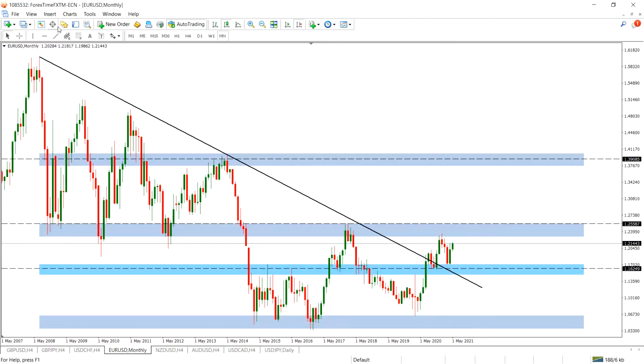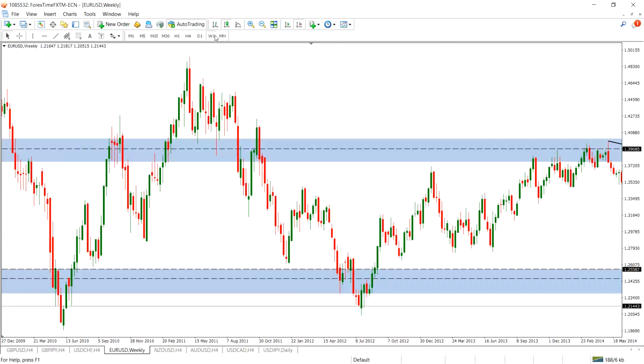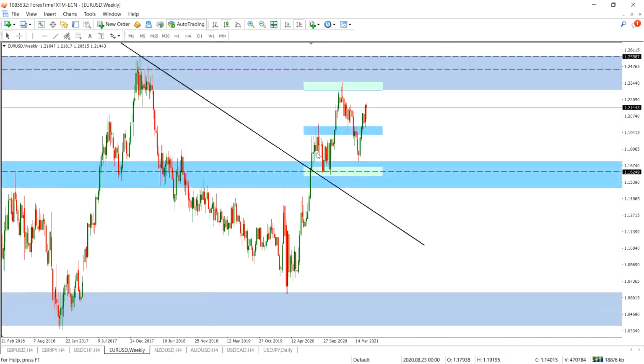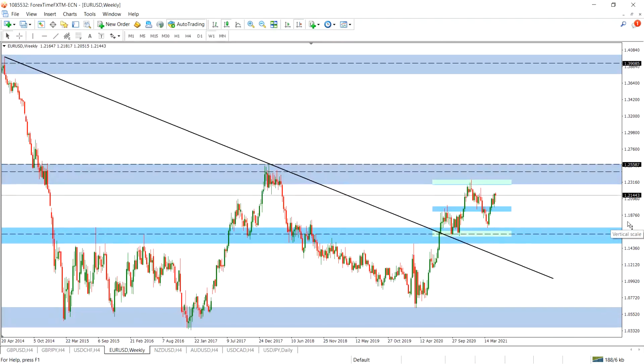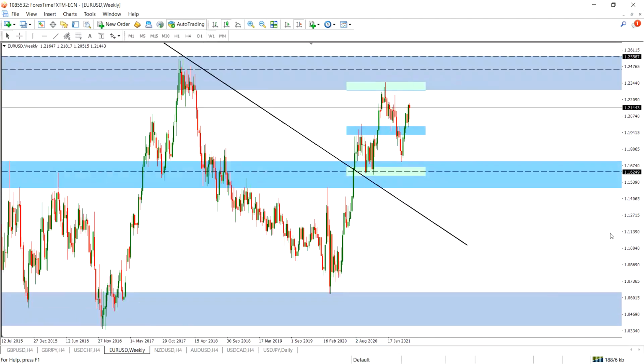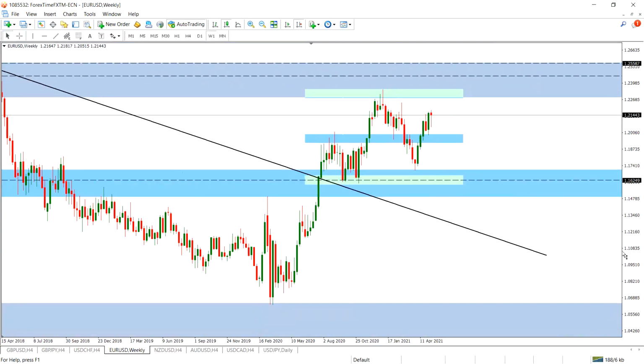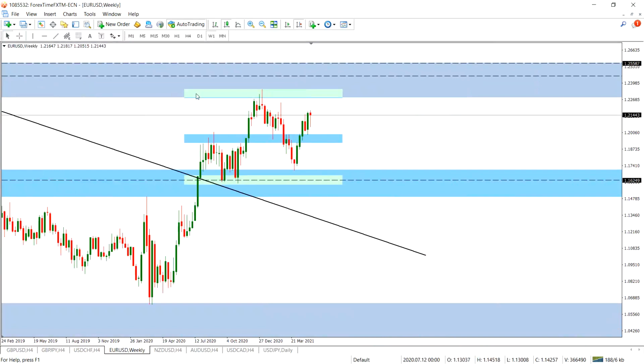So let's get it on the weekly time frame to understand what is going down on this level. Looking at the monthly time frame, it was a very strong bullish push. Let's amplify it further on the weekly time frame. However, we have price trading in between this level and this level. So what do we have?